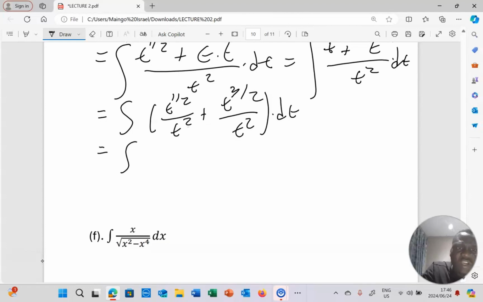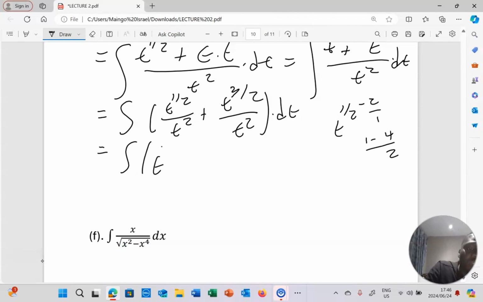When we do this kind of problem, we subtract the exponents. So we'll have t^(1/2 minus 2), which is (1 minus 4) over 2, which is minus 3/2.